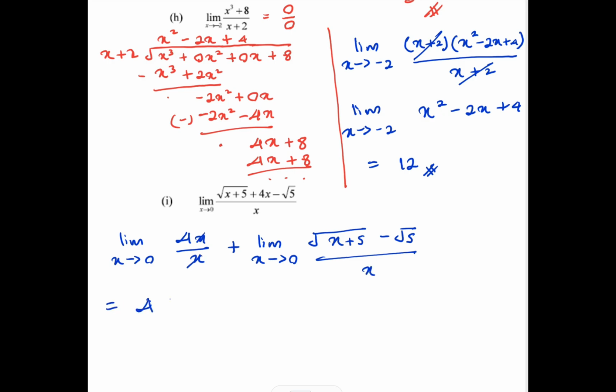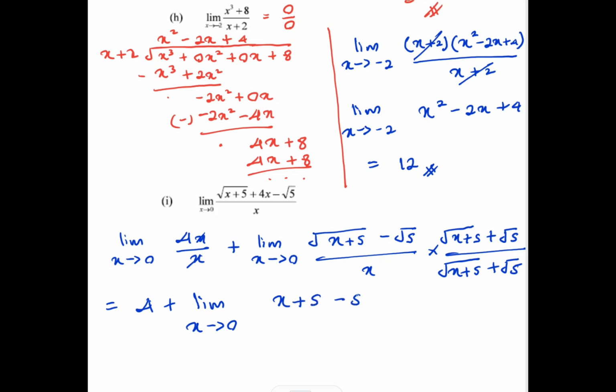We can get 4 plus, for this one you can multiply by the conjugate, (square root of x plus 5 plus square root of 5) divided by (square root of x plus 5 plus square root of 5). You can expand that one. You can get limit as x approaches 0 of (x plus 5 minus 5) divided by x times (square root of x plus 5 plus square root of 5).